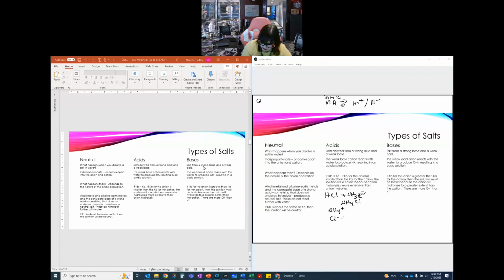Now the Cl- really is not going to react with H2O, so nothing happens with that. But NH4+ can react with H2O, and we end up with H3O+ and NH3 coming back. That's because it's a weak base.